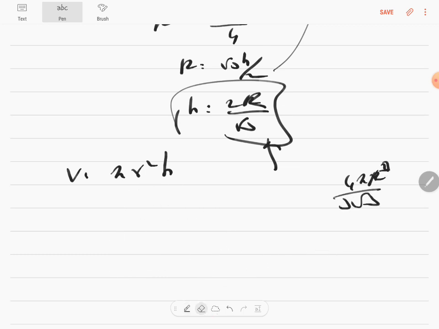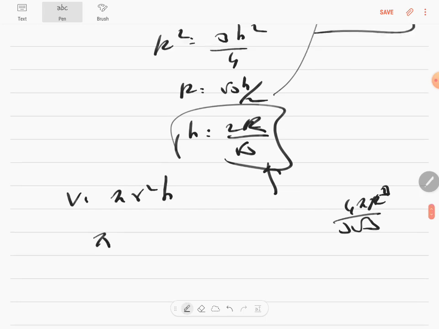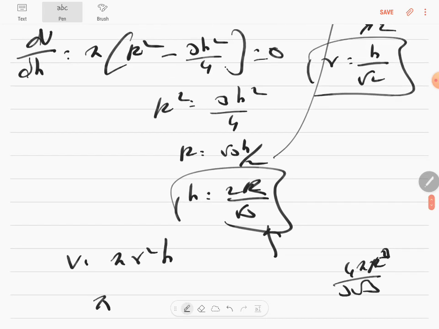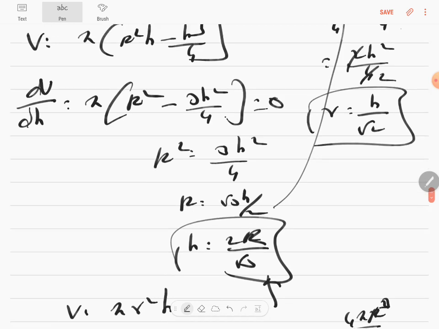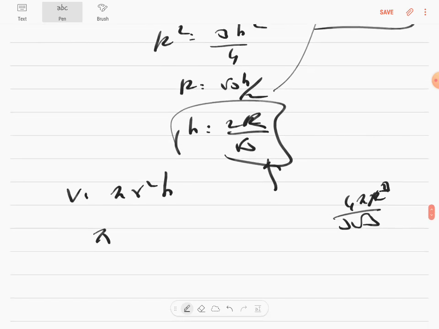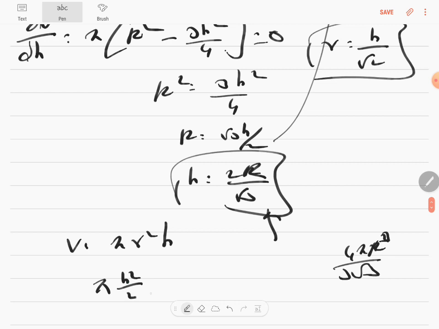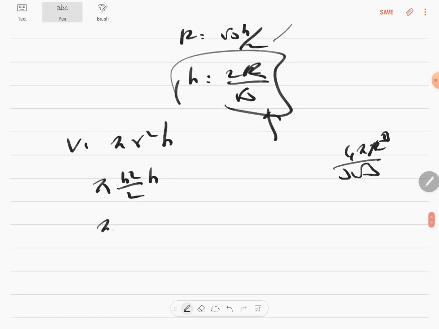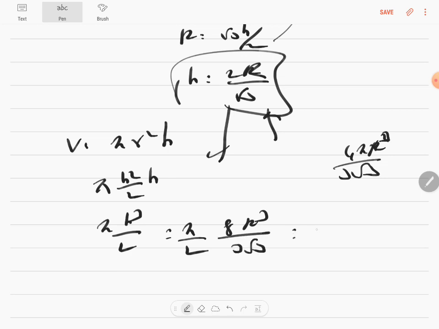So it's pi r square h, which is pi into small r square is h square by 2, root 2, so h square by 2 into h, which is pi into h cube by 2. This has to be cubed. So pi by 2 is already there. 2 to the 4, 4 to the 8, R cube by 3 root 3. So it's 8, this and this get cancelled. 4 by 3 root 3 pi R cube, cubic units, because it's a volume.